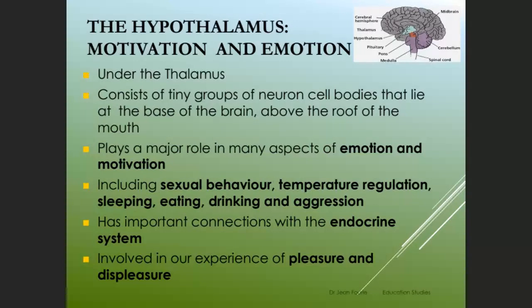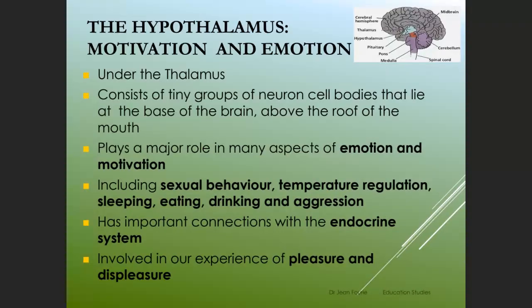The hypothalamus, which is just under the thalamus, consists of a tiny group of neurons that lie at the base of the brain. They play a major role in all our aspects of emotion and motivation. And this has got to do with all the things that make us feeling and sensing human beings.